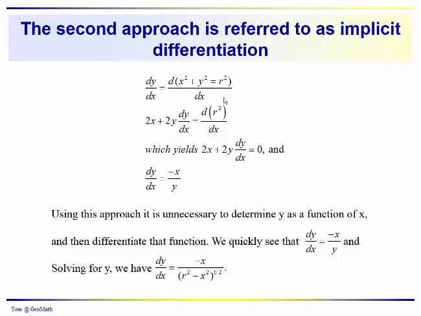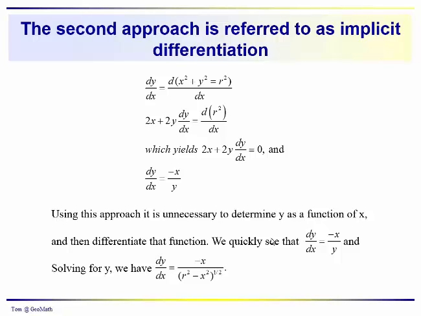So this approach again is referred to as implicit differentiation. We didn't have to go to the trouble of determining y first. We could do that later or not. We distributed the derivative operator through the terms in this relationship, evaluated that, and we found that dy/dx is equal to minus x over y.